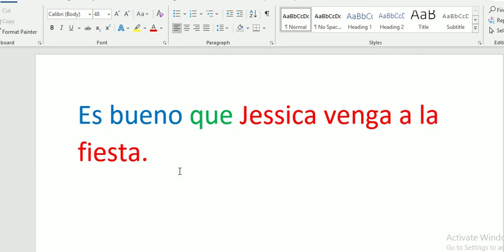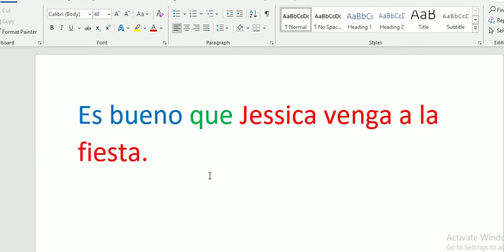Now, before I show you anything else, you're probably wondering, okay, so you're talking about subjunctive and everything, you're talking about what you need to do to form it, but what's the difference in verb form here? Alright, so I'll show you. So we have venga here.